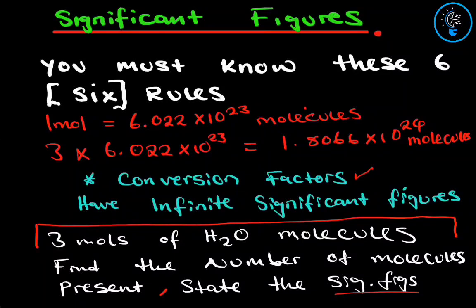Reason why is because a molecule of water, which looks like this, can be considered as an object. And since we are counting the number of objects present in 3 moles, we can say this one as infinity. Reason why: water cannot be split. Once you split it, it's no longer water. So when you split this part of water, you're going to remain with hydrogen.